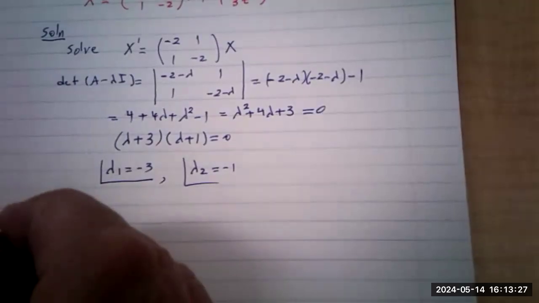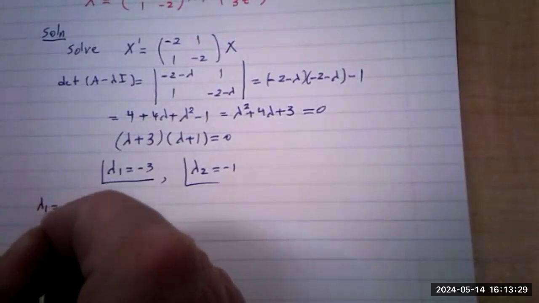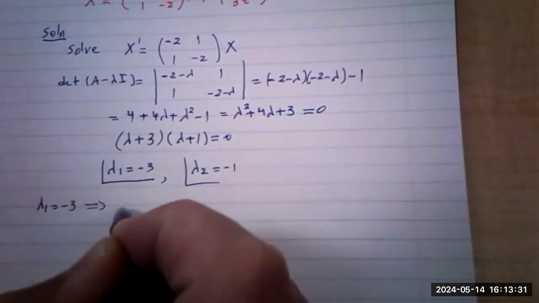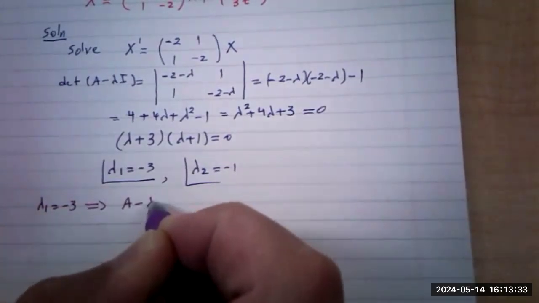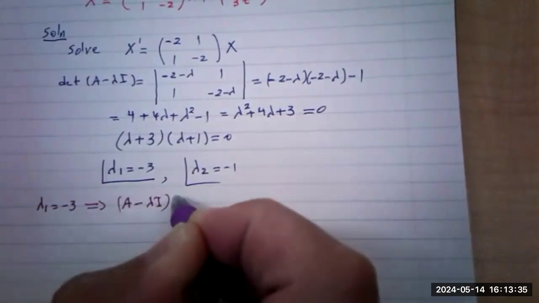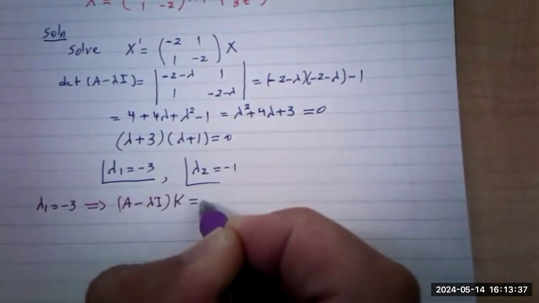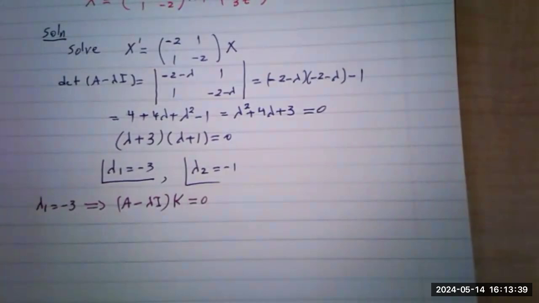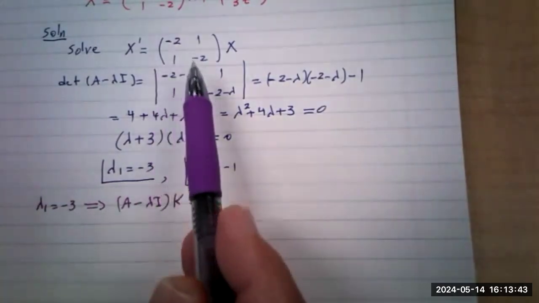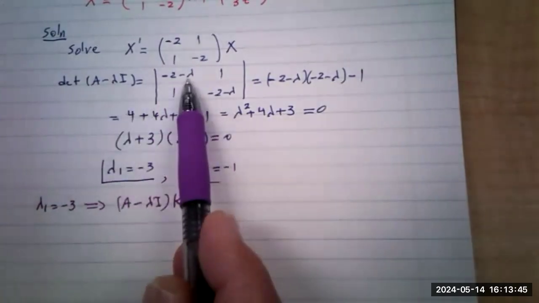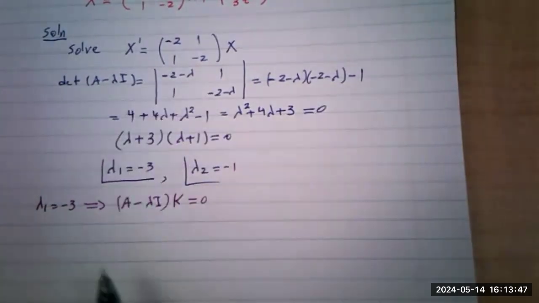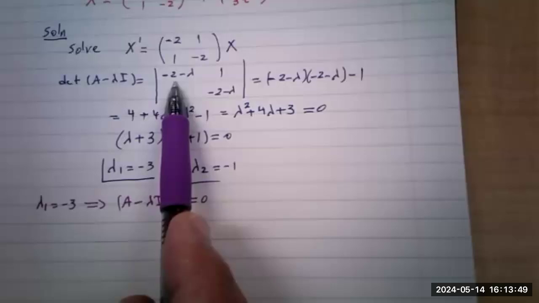So we are going to start with lambda 1 equal to -3, and we go for the vector. We form A minus lambda I times k equal to 0. You substitute lambda equal to -3 here.